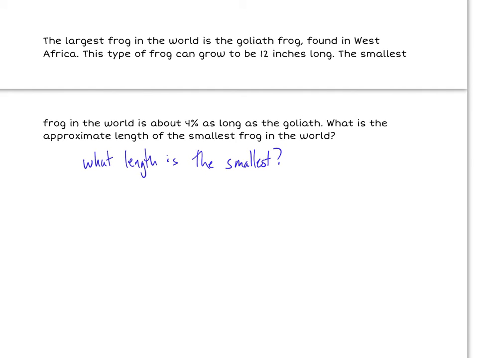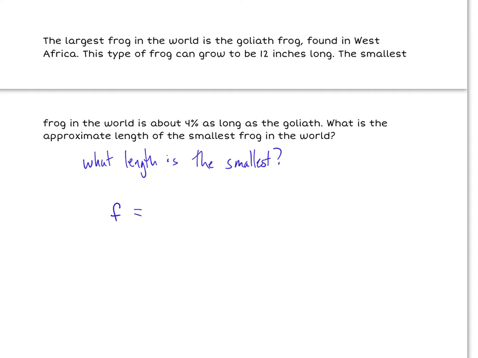We know that the smallest frog, and we're going to call him F. The smallest frog in the world is about 4%.